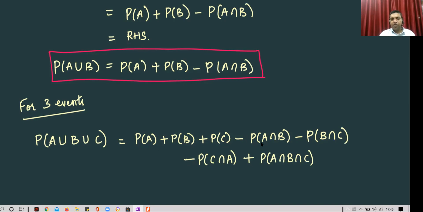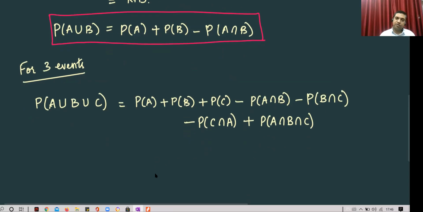Next, the probability of two events happening simultaneously, AB, BC, CA, with a negative sign, plus the probability of all three occurring simultaneously. So this is the probability for three events.